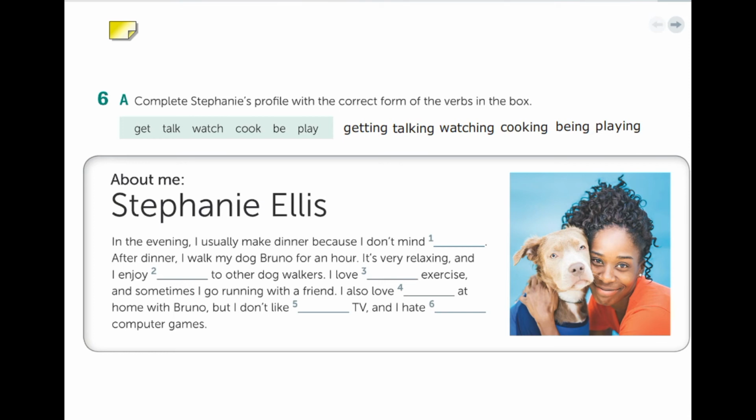About me, Stephanie Ellis. In the evening, I usually make dinner because I don't mind, which is number 1 here. After dinner, I walk my dog Bruno for an hour. It's very relaxing and I enjoy, number 2, which is the verb, to other dog walkers. I love, number 3, exercise.